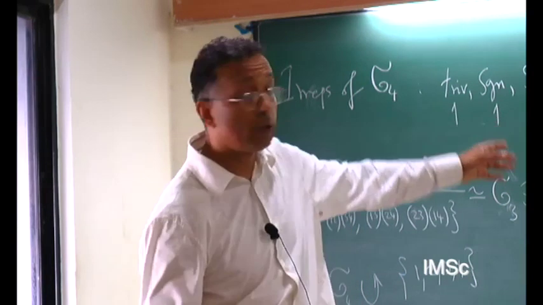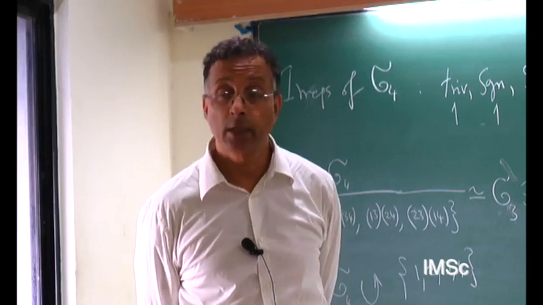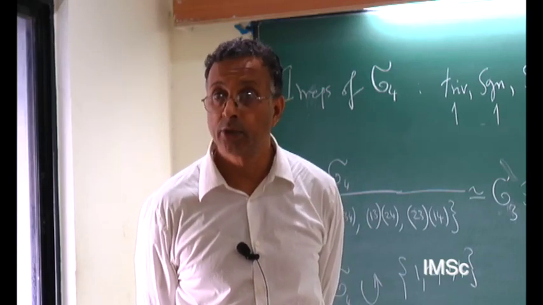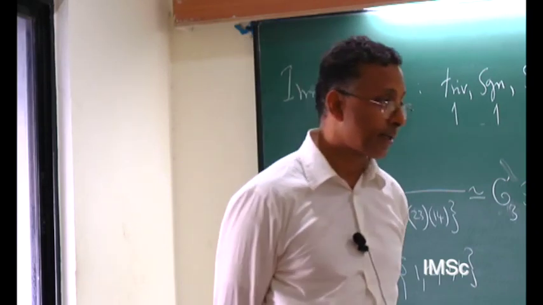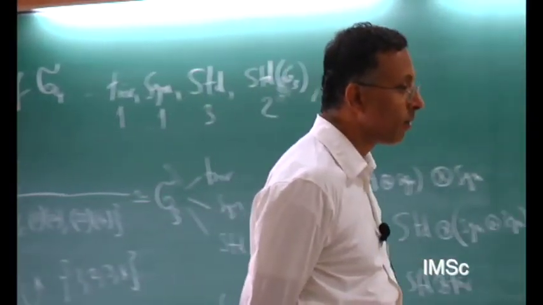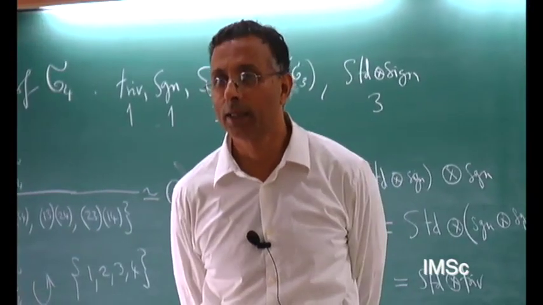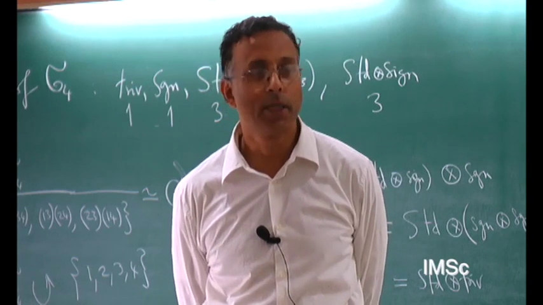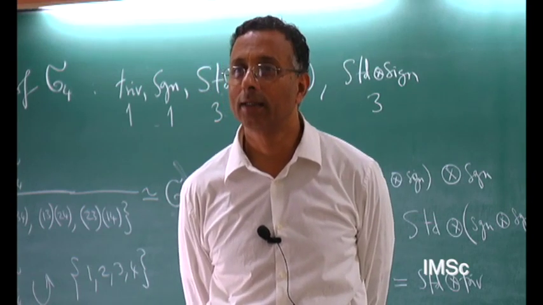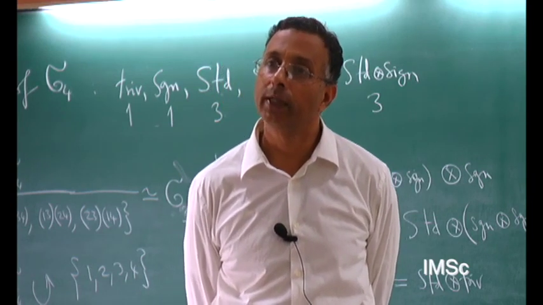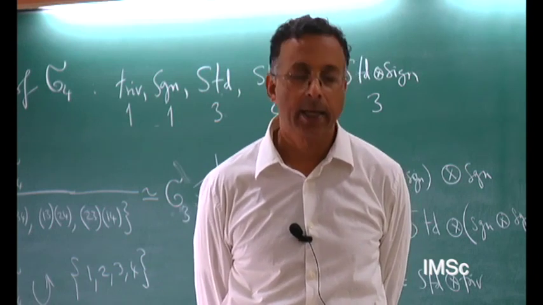This is the case when you take an irreducible thing and tensor with another irreducible thing, you get another irreducible thing. But it's very rare. This is a very loose statement that I'm making, but keep this in mind. It's very rare that a tensor product of irreducibles is irreducible.